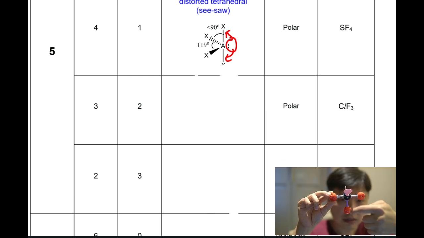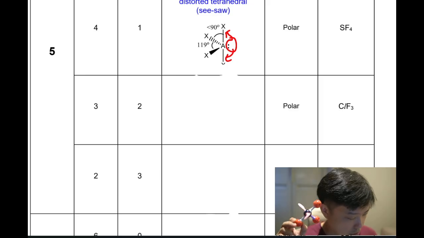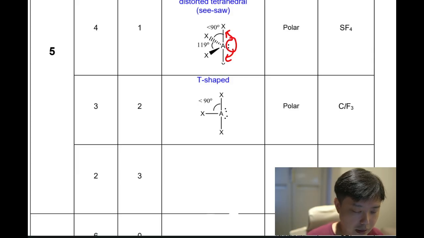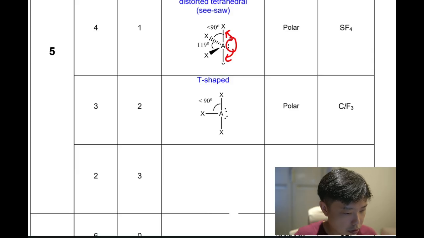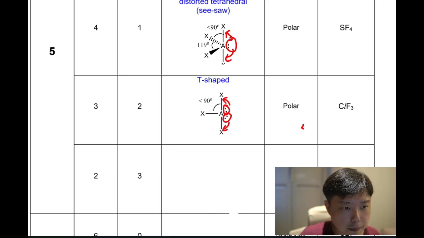Let's show this particular shape here. The bond angle, as usual, will be lesser than 90 degrees because of some slight repulsion from the 2 lone pairs towards the bond pairs. This is T shape.